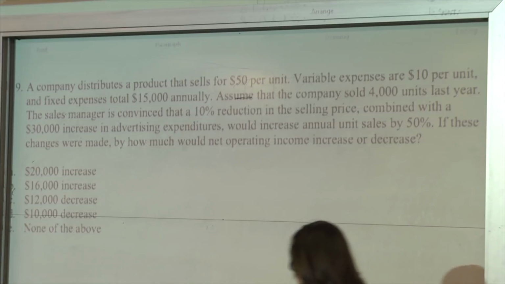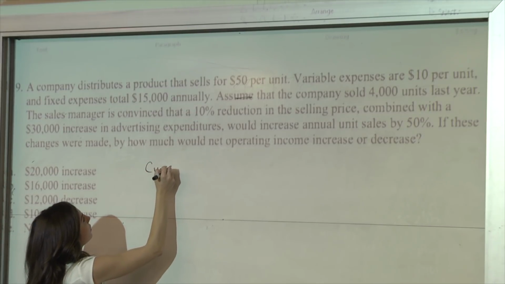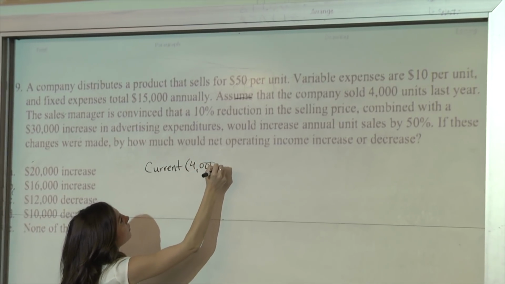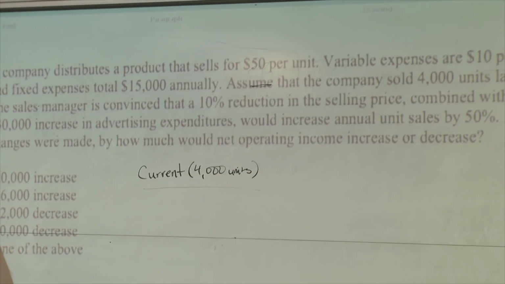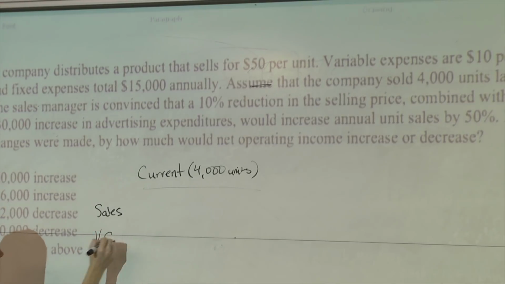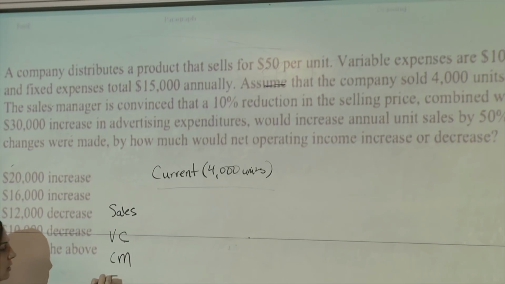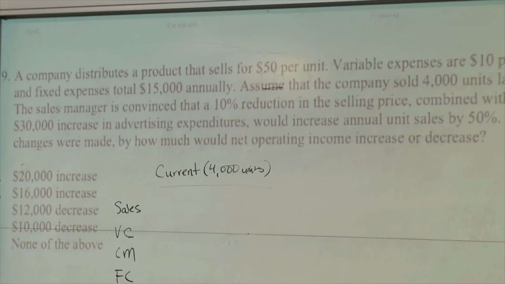So let's look first at our current situation. In our current situation, we're selling 4,000 units. And to get to the NOI, we have to look at our sales minus our variable costs, which gives us our contribution margin, minus our fixed costs, which equals the net operating income.